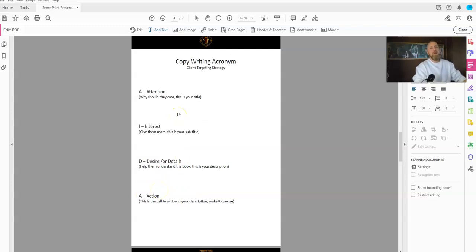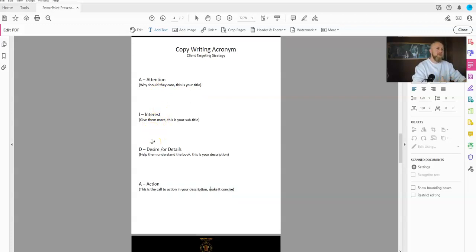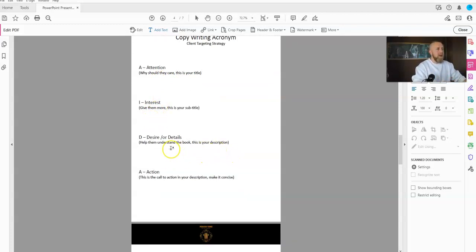So this is essentially, again, guys, the copywriting aspect of the customer buying journey. Now you have your avatar squared away. You want to craft a title that grabs their attention, and you want to pique their interest with your subtitle. And then you want to give them the details of the book inside of your description, but you want to write it in a way that speaks to your customer avatar.